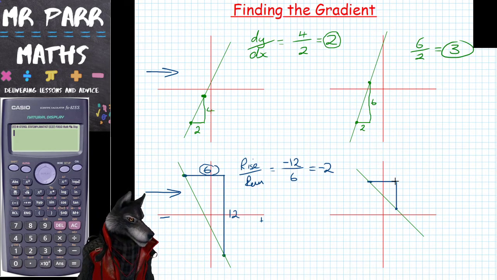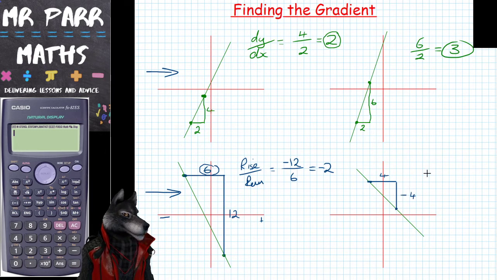So 1, 2, 3, 4 across, 1, 2, 3, 4 down. So remember it's decreasing, so minus 4. So my rise in this case is going to be a negative because it's going downwards, and my run is 4. Negative divided by positive is negative. 4 divided by 4 is 1.